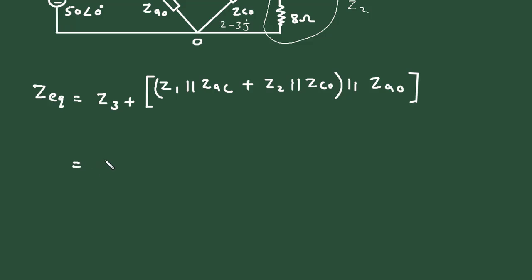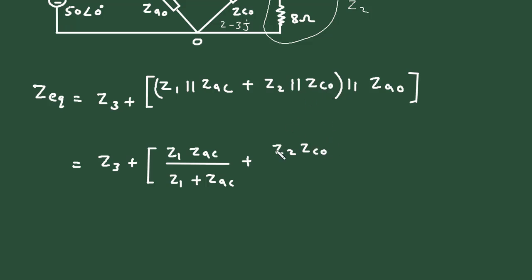It will be Z3 plus, in square brackets, Z1 into ZAC divided by Z1 plus ZAC, then plus Z2 into ZCO divided by Z2 plus ZCO. Then it is parallel with ZAO.